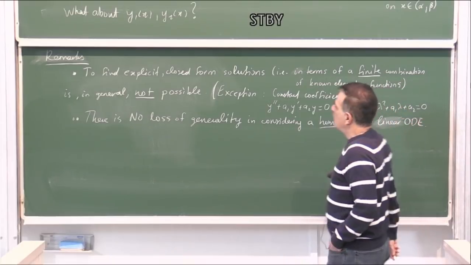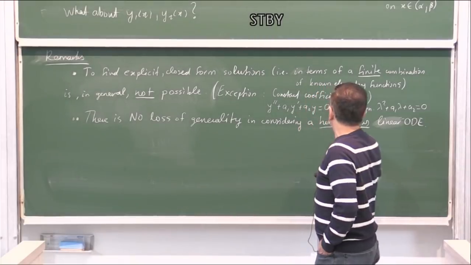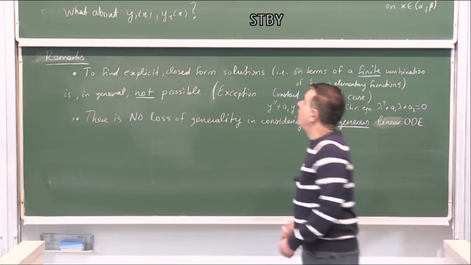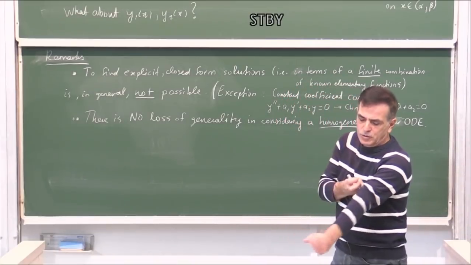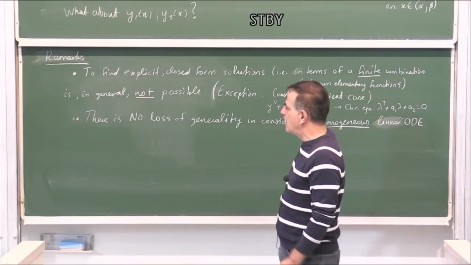Okay? So if we solve the homogeneous ODE, then if we have a non-homogeneous ODE, we use the method of variation of parameters to find a particular solution as well.